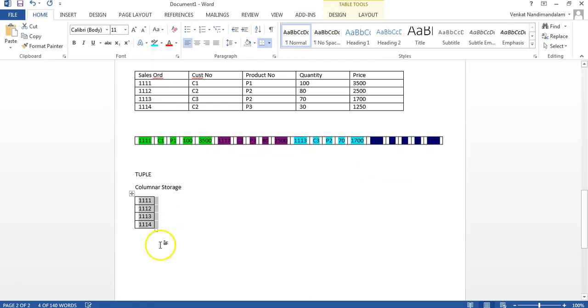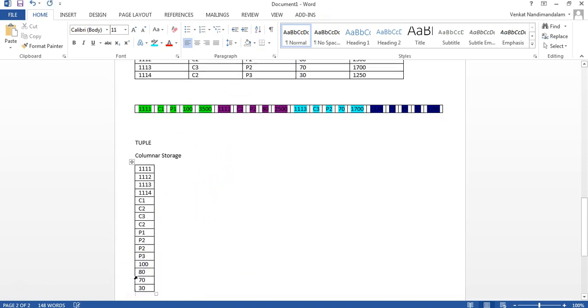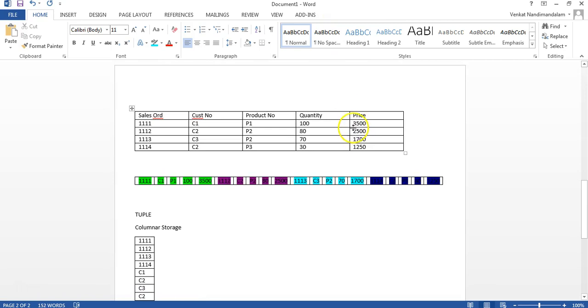Let me auto fit to contents, and then you have got the next tuple, which is customers. Okay, and then the product, and then the quantity, and then the price.